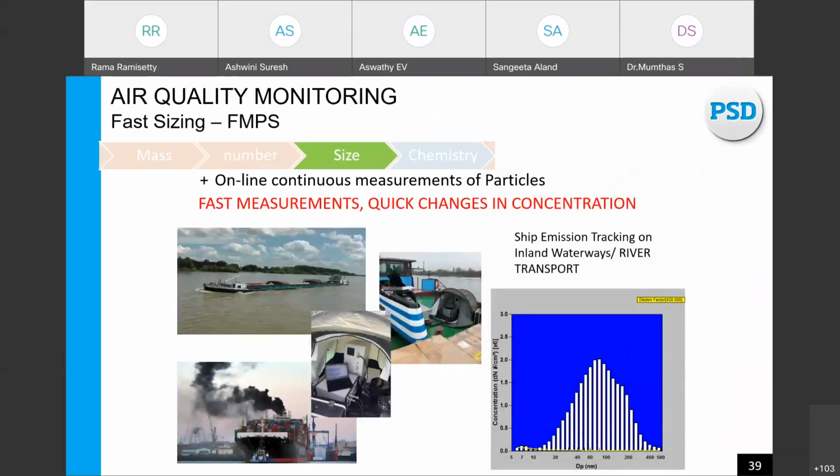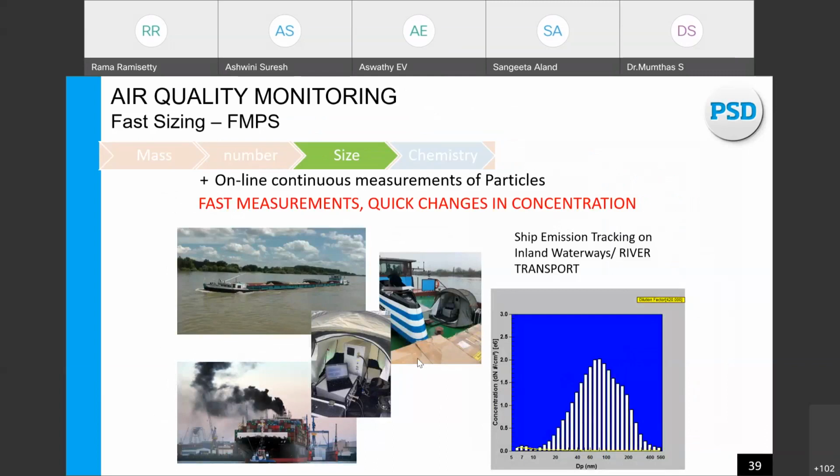These kinds of instruments are very useful for highly dynamic areas. For example, if you are doing any combustion studies or engine exhaust measurements, these instruments are very useful.